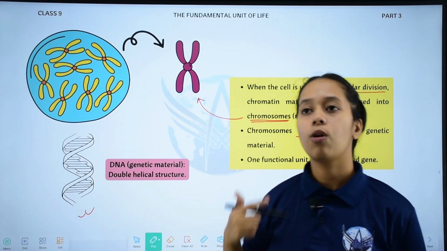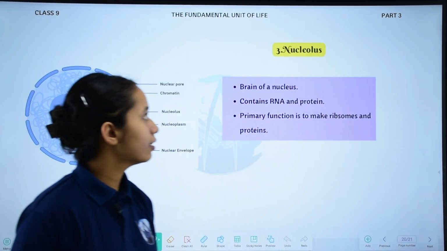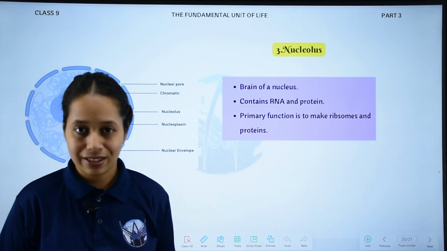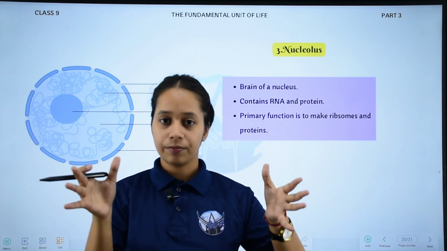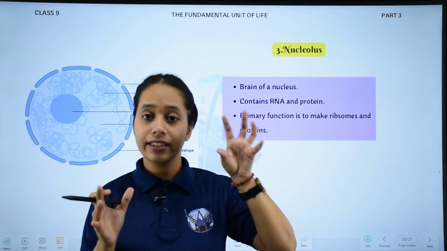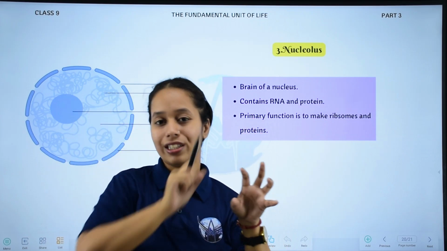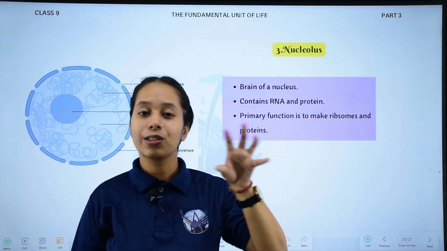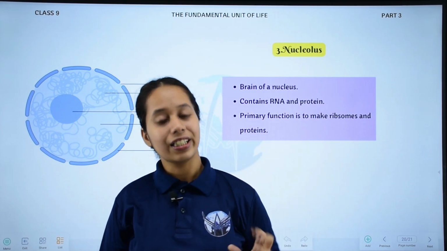Now there was one more component of the nucleus, the nucleolus. Remember, in a cell we have the brain of the cell, which is the nucleus. Inside this nucleus we have another brain, the brain of the nucleus, known as the nucleolus, and it is spherical in shape.